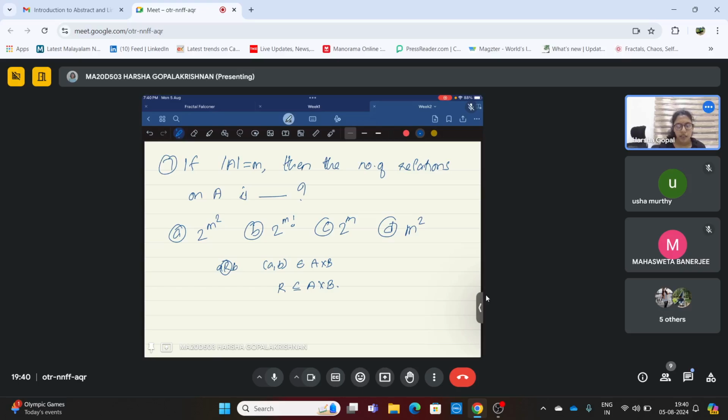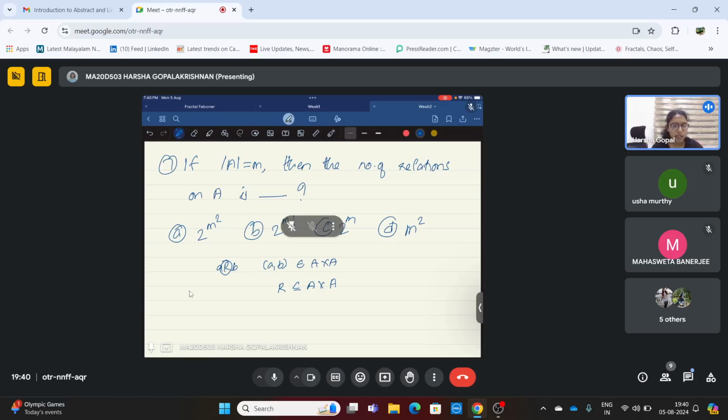Now, the question is how many relations are there? That exactly means how many subsets are there of A cross A, because here the question is the number of relations on A. So instead of B, we have A only, correct? So how many subsets are there of A cross A?